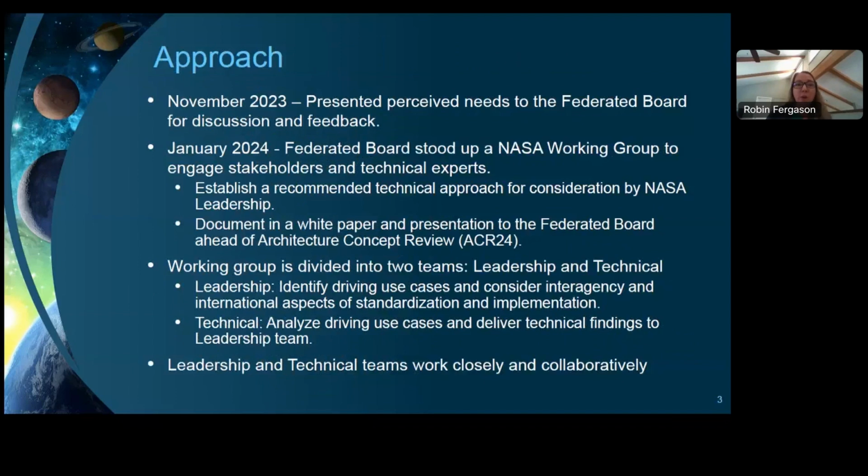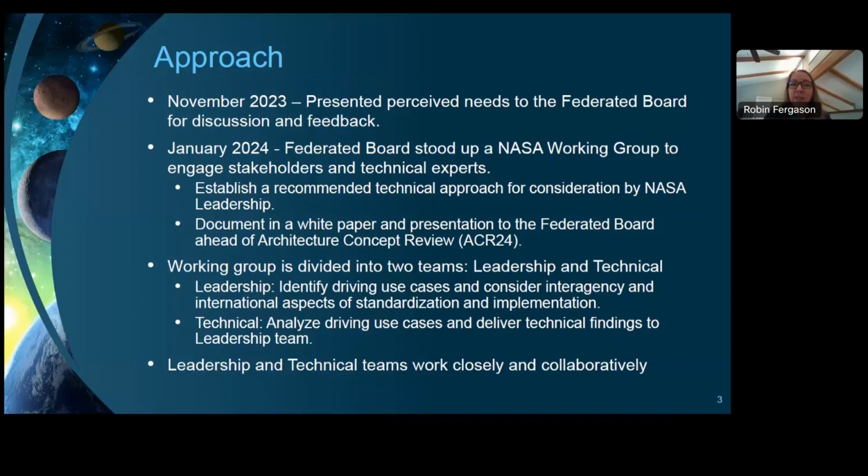So the approach we've taken in our activities up to this point includes the following. In November of 2023, we presented this identified need to the Federated Board for discussion and feedback, and they asked us to develop a plan to address this need. Then in January of 2024, we presented our plan, and the Federated Board stood up a NASA working group to engage stakeholders and technical experts.